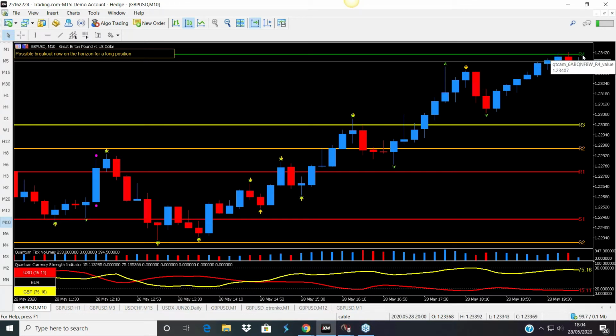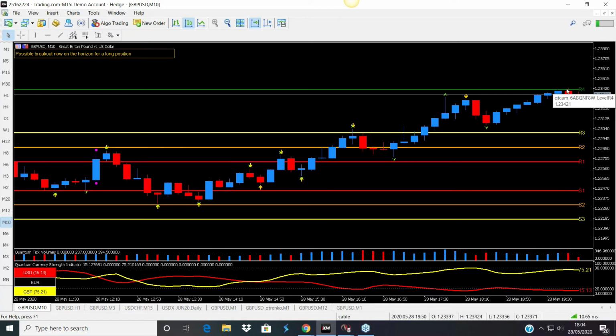Does it mean that it's going to reverse from there? Well, the objective of the R4, from a price point of view, is that price will really want to get through that level. Those traders who use Camarilla as part of their trading tactics will see the R4 and what they're looking for all the time is to push against the R4 and push through it, because a push through is often considered a legitimate breakout, as it were.